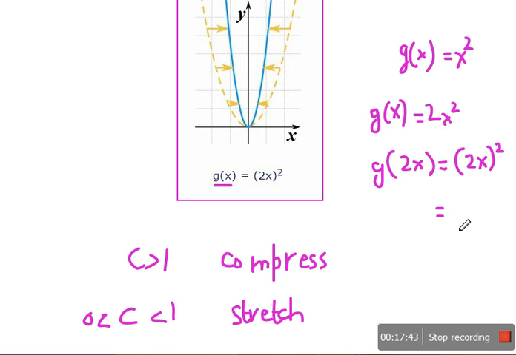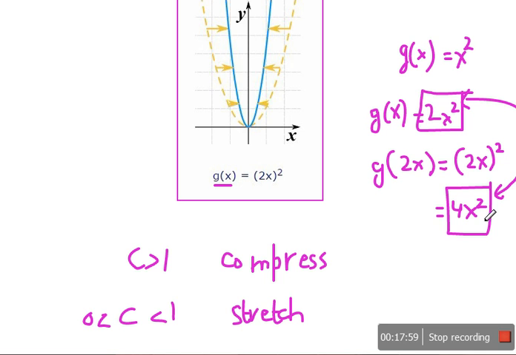If you take the square of 2, you get 4, and then the square of x, you get x square. So you're getting 4x square. See, two different things. That is why you are getting a change in the result as well.